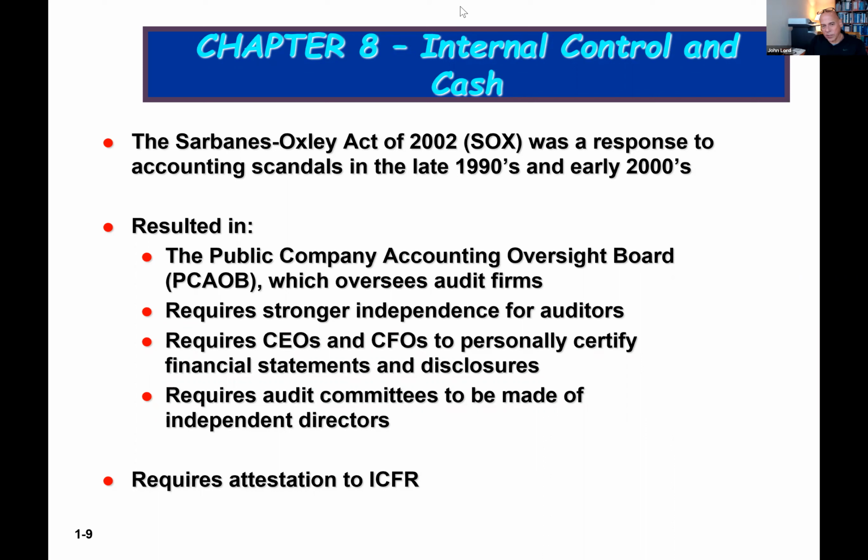Oxley was the Republican in the House, and believe it or not, this doesn't happen anymore, but at that time fairly responsible legislators would vote across party lines to pass the Sarbanes-Oxley Act. Then you had another act in 2008 called the Dodd-Frank Act, which was more aimed at banking issues.